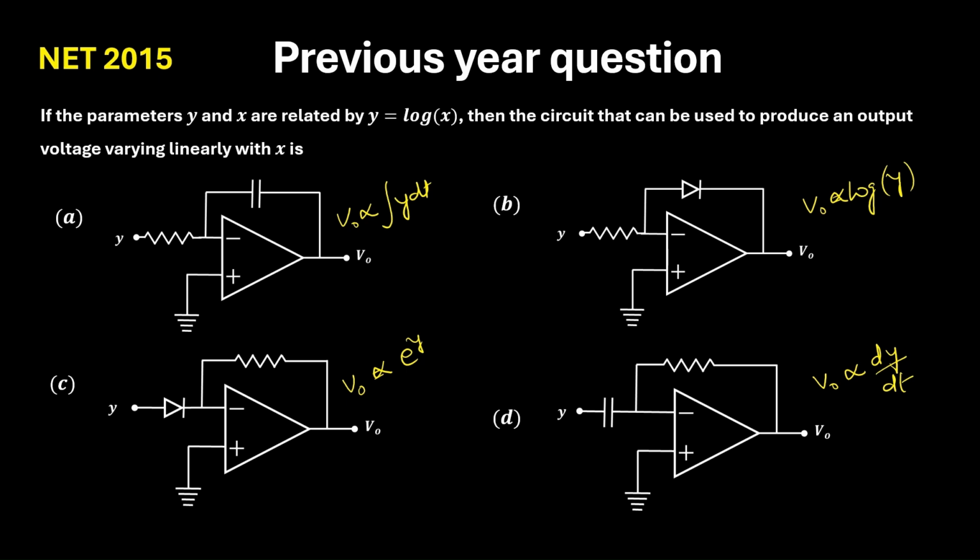Now, if you see the four mathematical expressions, in option C, since y is equal to log of x, this will be e to the power log of x. So this one will give x. So V naught is directly proportional to x. So the circuit given in C can produce an output which varies linearly with x.